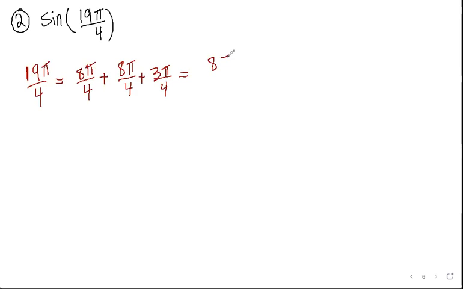The remaining is still 3 pi over 4. So I can subtract or I can add, like Angel said. And this is actually equal to 2 pi plus 2 pi plus 3 pi over 4. So now we simplify this number.